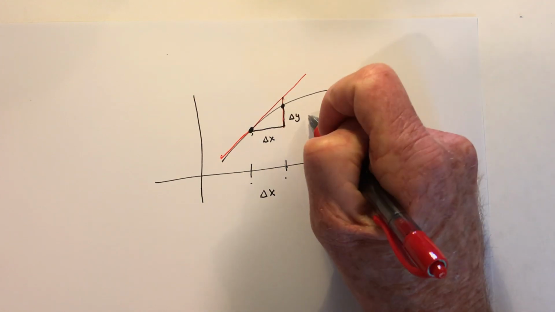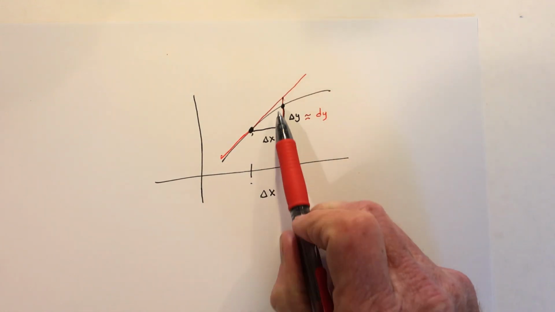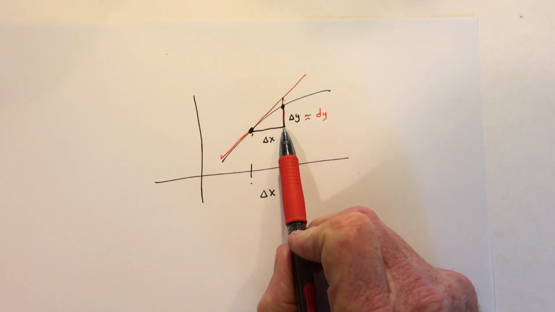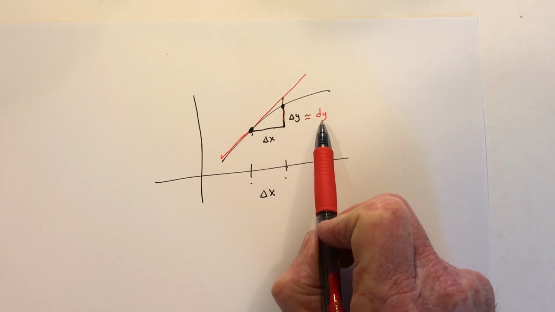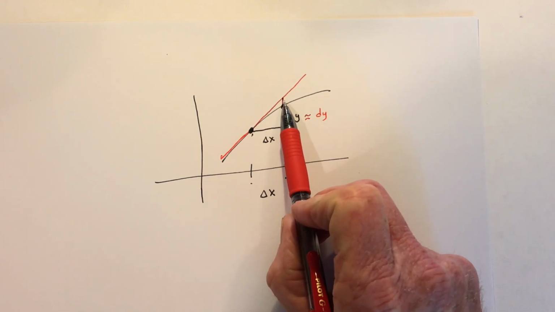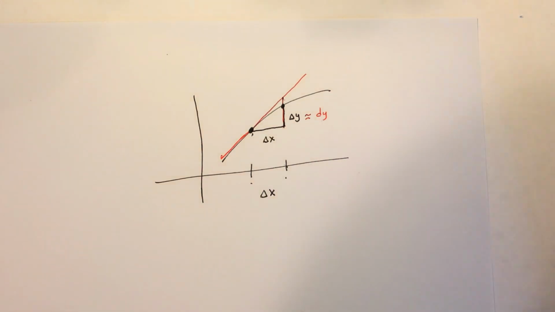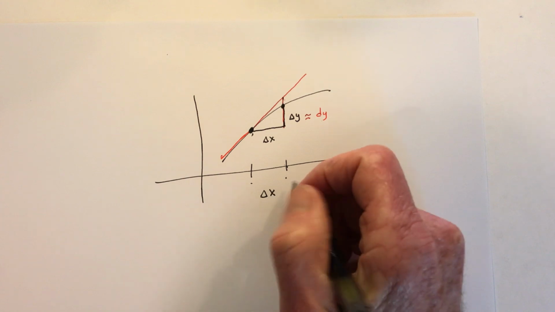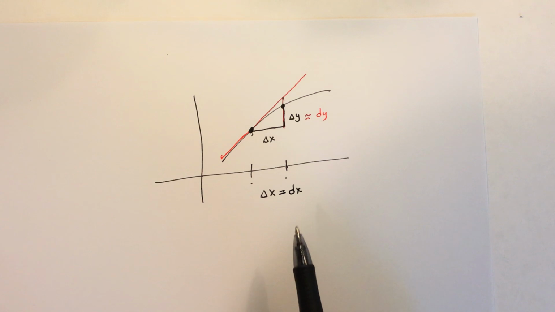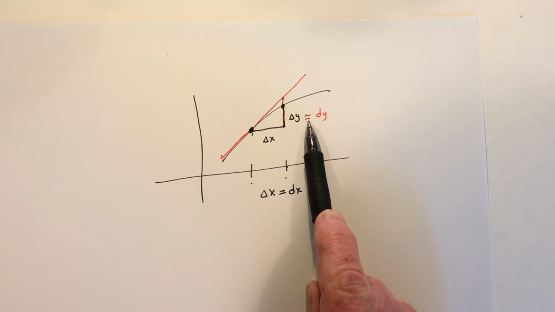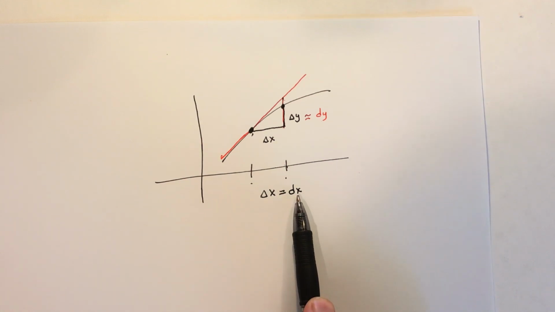So that means that delta y is approximately the same as dy. They're not exactly the same because the dy goes from here and it goes all the way up until it hits the red line. So the dy has this little tiny extra bit, but they are very close. And on this picture, the x's did not change, so that means that the delta x is exactly the same as the dx. So the summary is that dy is approximately equal to delta y, and delta x is exactly equal to dx.